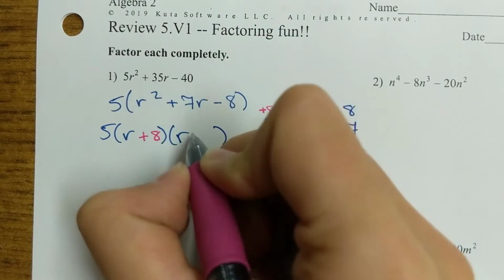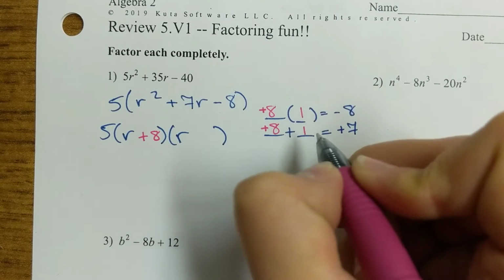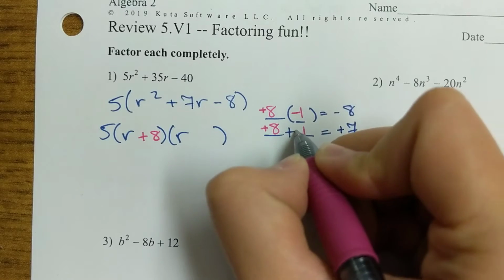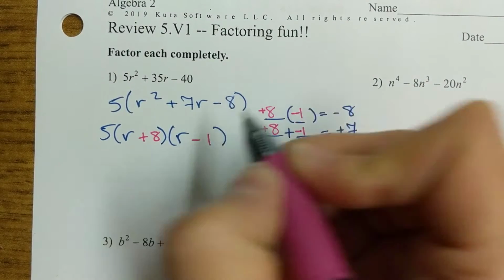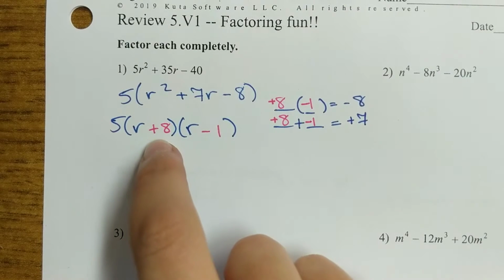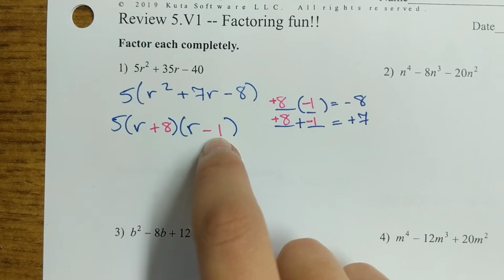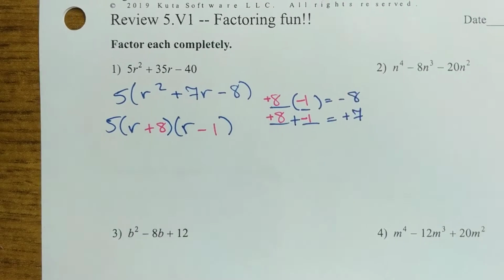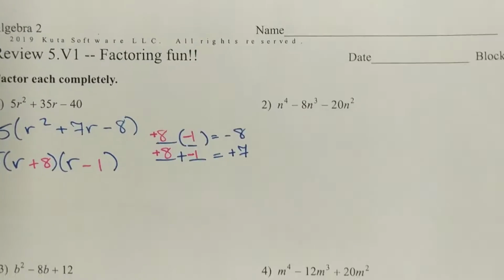Plus 8 and minus 1. Our 1 has to be minus. Okay, so just to check, positive 8 times negative 1 is negative 8. Positive 8 minus 1 is positive 7. Awesome.